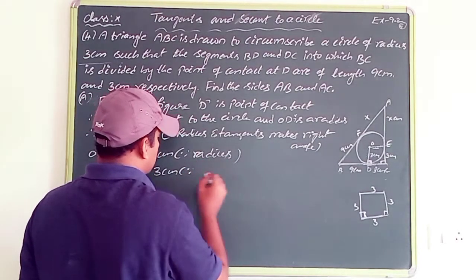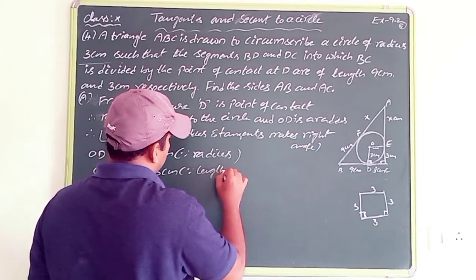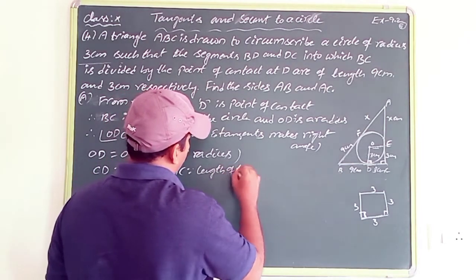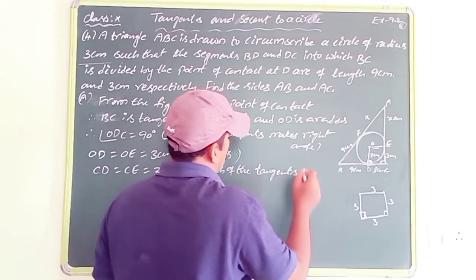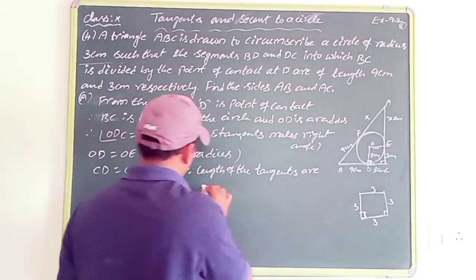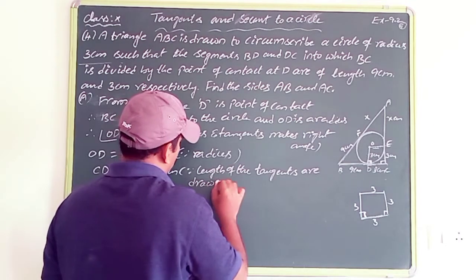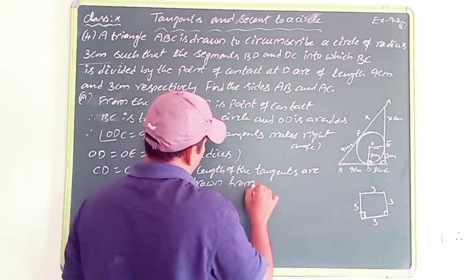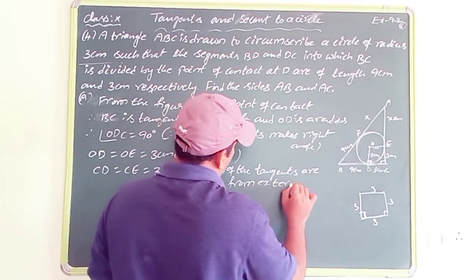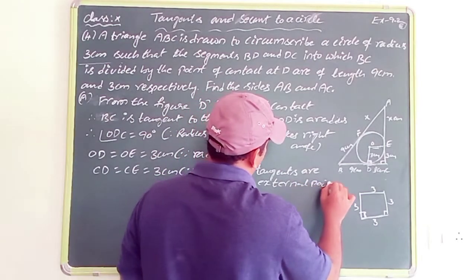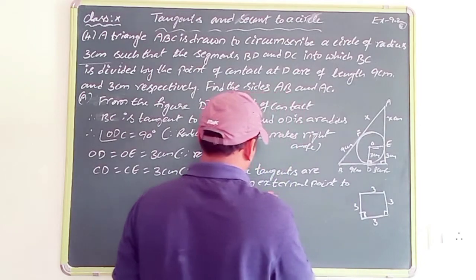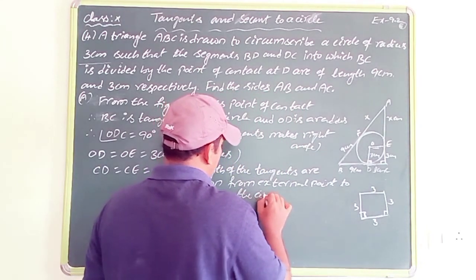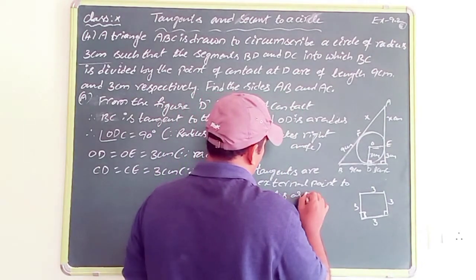Since what is the reason here? Lengths of the tangents drawn from an external point to the circle are equal.